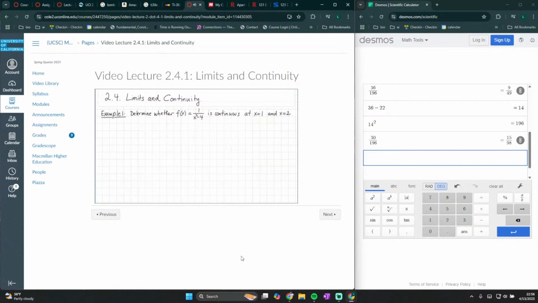And here we go. Determine whether the function f of x equal to 1 over x squared minus 4 is continuous at x equal to 1 and at x equal to 2.